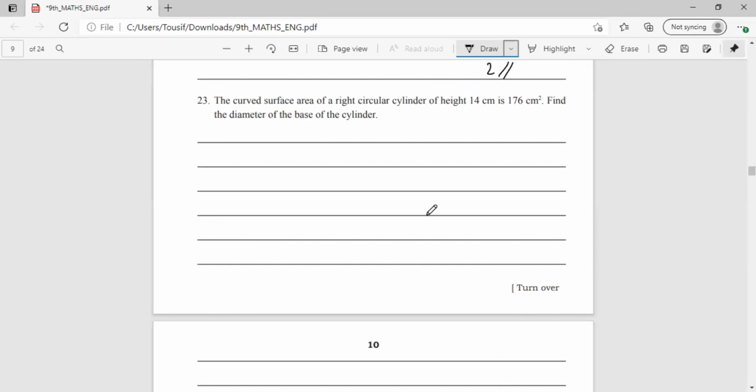So let us write down the given data. Curved surface area of cylinder is 176 centimeters square.